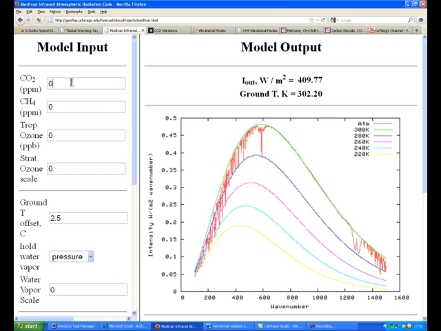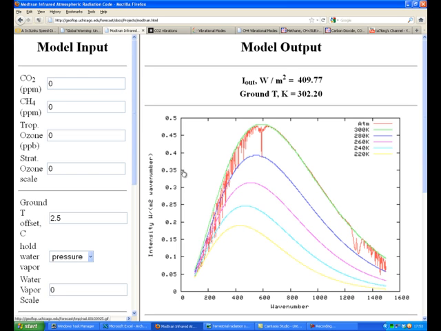So we're going to be inputting different greenhouse gases, for example carbon dioxide, methane and ozone, and we're going to see how it affects how energy is leaving planet Earth.